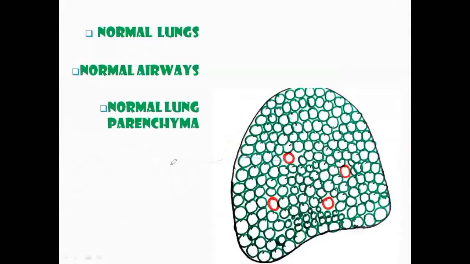This red one is our airways, these four, and all the other parts are the structure of the lung, that is the lung parenchyma. This is normal. These are the lungs of a normal person.